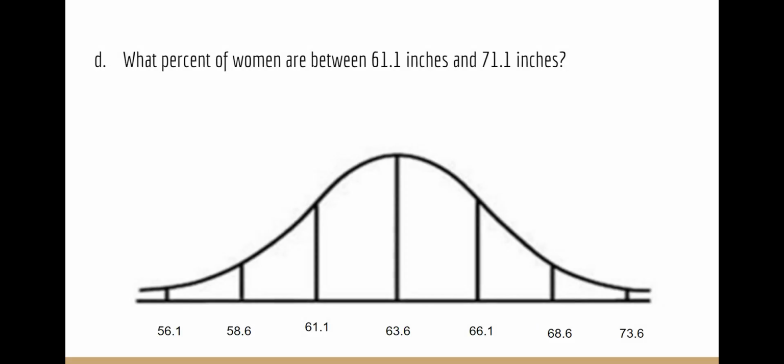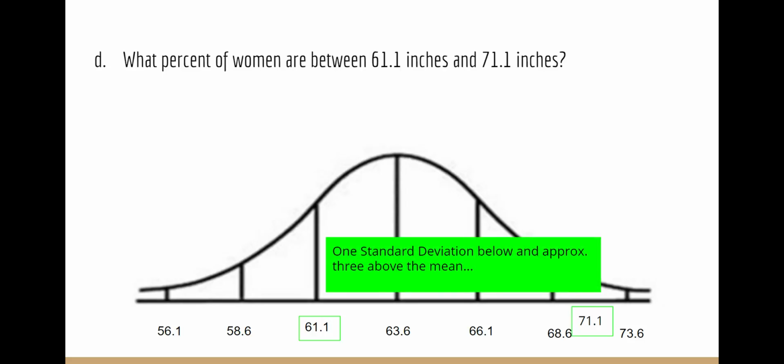What percent of women are between 61.1 inches and 71.1 inches? First thing I do, I put a box around 61.1 inches. That happens to be 1 standard deviation below the mean. But 71.1 inches lands between 2 and 3 standard deviations above the mean.